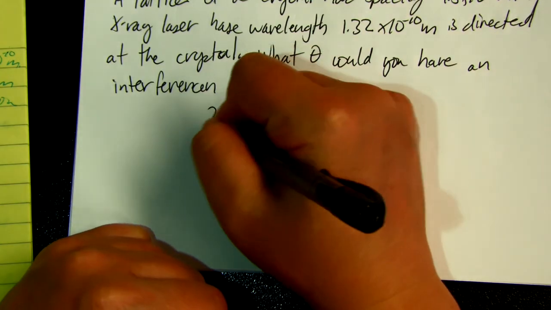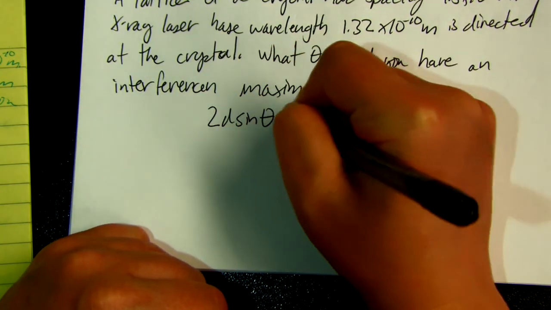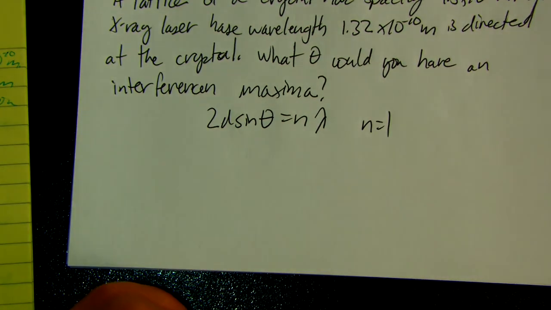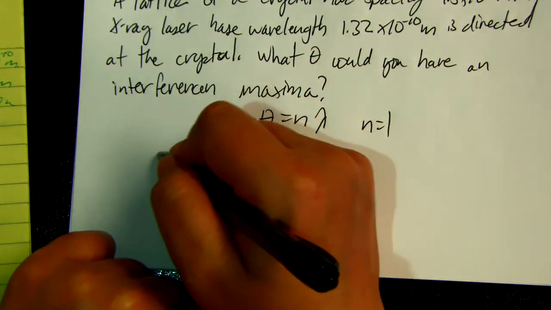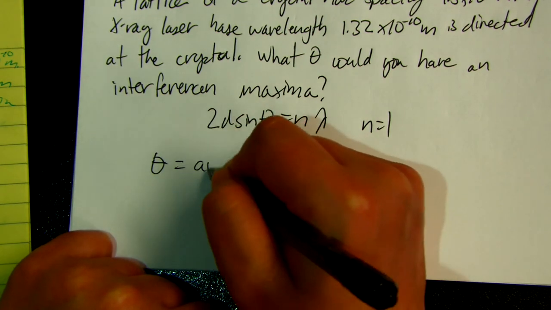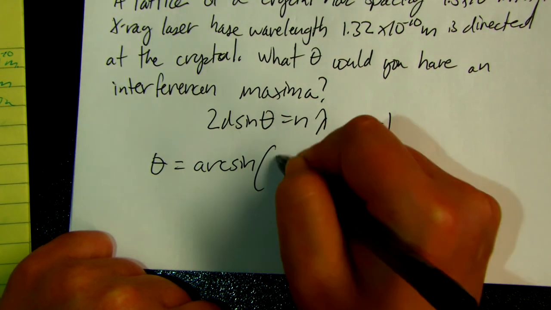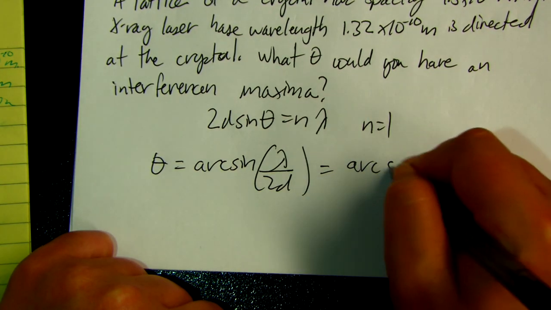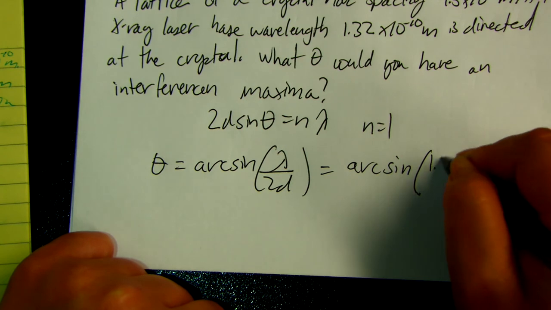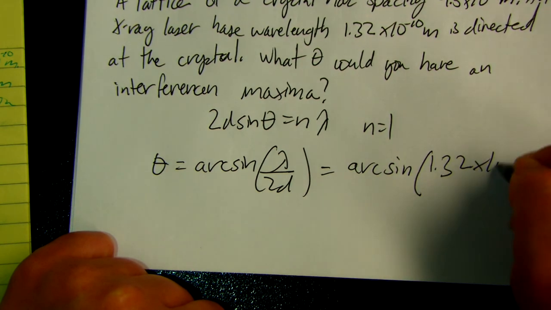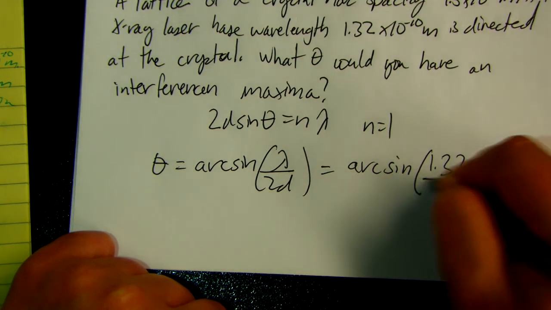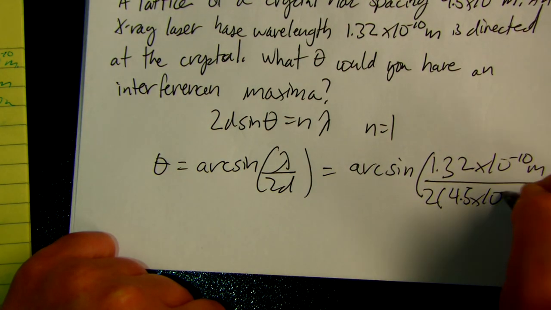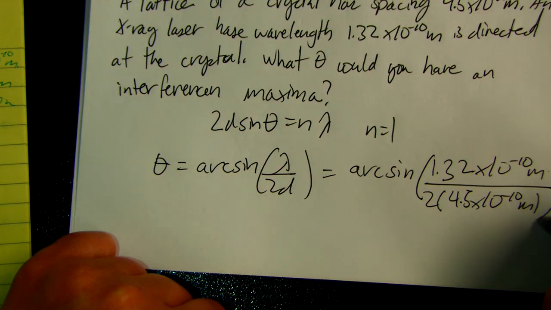Okay, so we want 2d sine theta equal to n lambda, and we're just going to look for where n equals 1. That seems easier. So theta is equal to arc sine of lambda over 2d, which is arc sine of 1.32 times 10 to the minus 10 meters divided by 2 times 4.5 times 10 to the minus 10 meters.